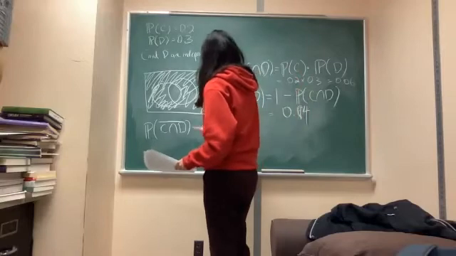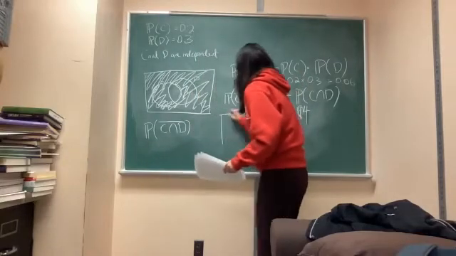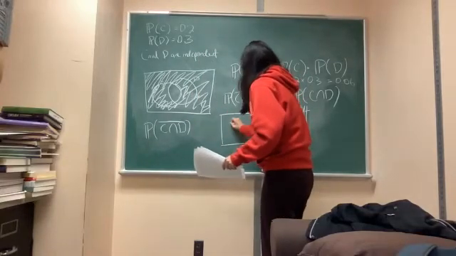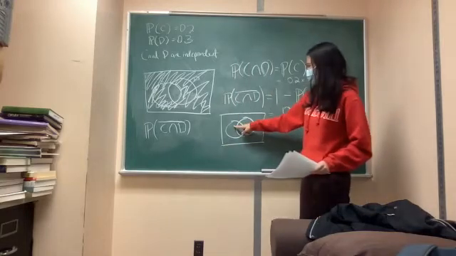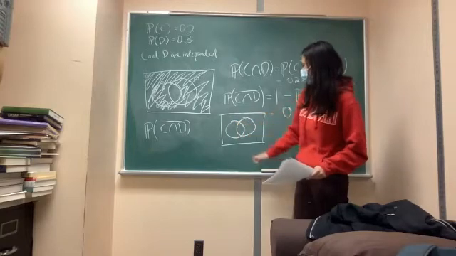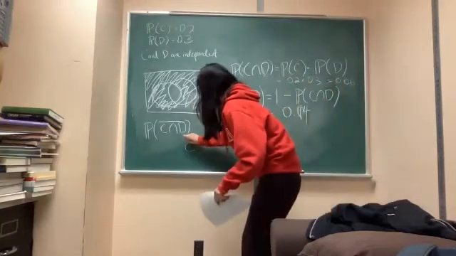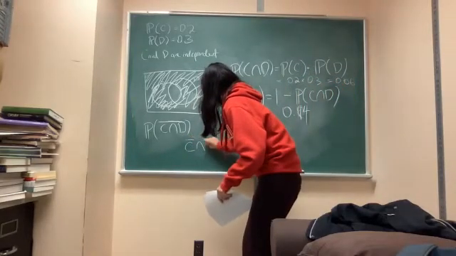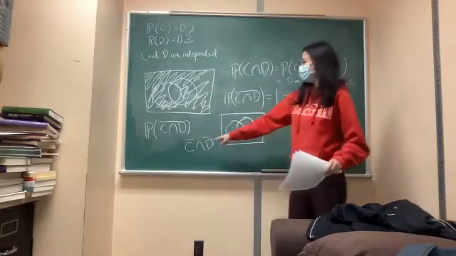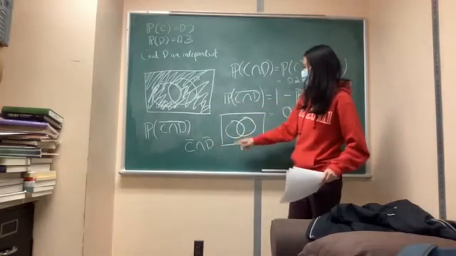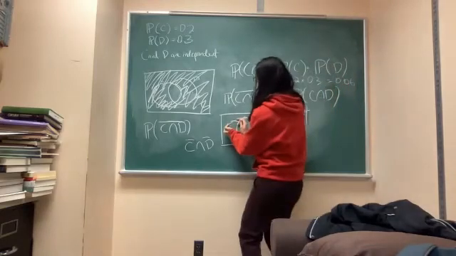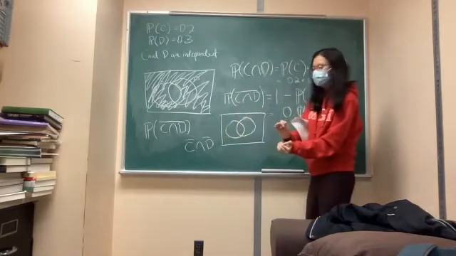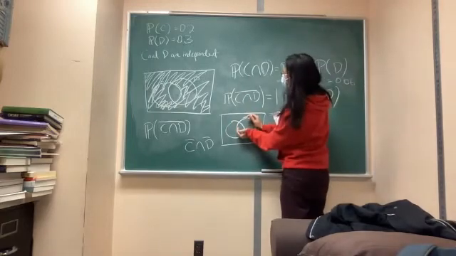So I see. Okay, so I can draw you the Venn diagram, okay? What you said was the complement of C intersection the complement of D, right? I'll show you why this doesn't work. The complement of C is everything outside this circle. The complement of D is everything outside this circle.